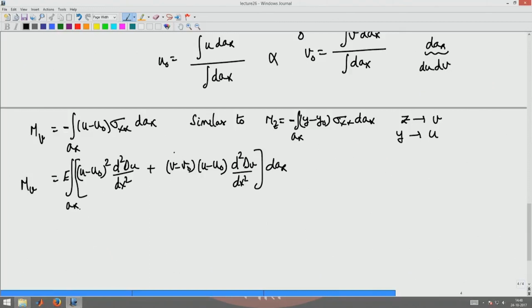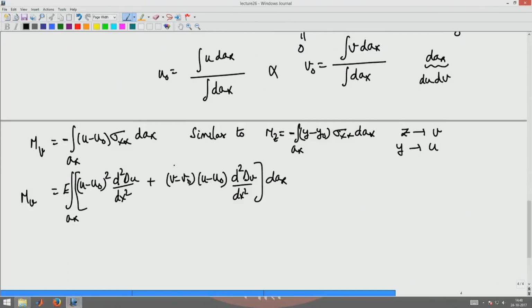Now, we find that u naught and v naught are nothing but the center of the cross section. From the expression that we got here, we understand that u naught and v naught are the center of the cross section.